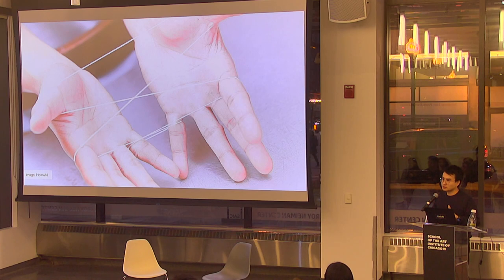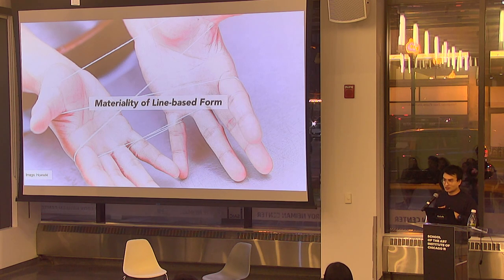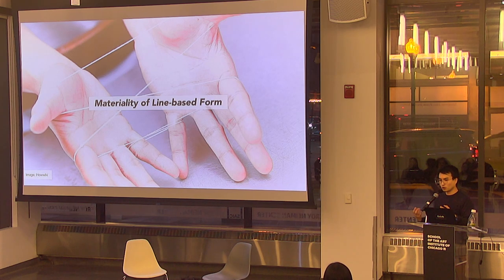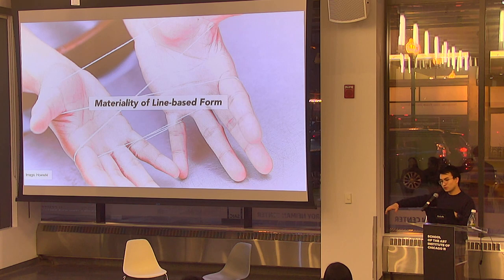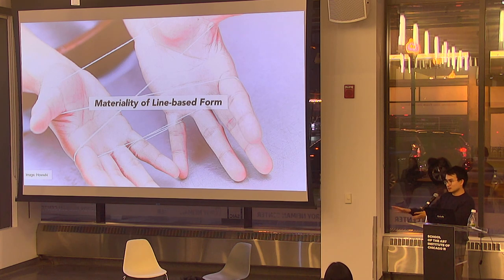On the line of materiality, I really care about materiality that we can touch and feel. During my master's at the Media Lab, another thing I was thinking was, okay, these shape-changing devices are really cool, but is there any other new form factor that we could explore? This tabletop form factor is cool, but it's just staying there.